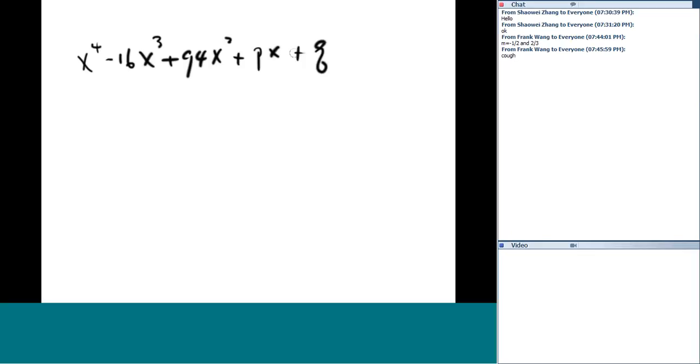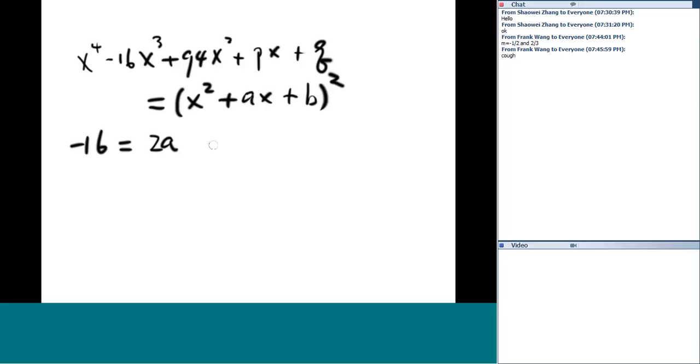Because all the roots are double roots, you can assume it is, for example, x squared plus ax plus b, all squared. Then you just find a and b. Compare the cubic terms, then you get minus 16 equals 2a. So a must be equal to -8.